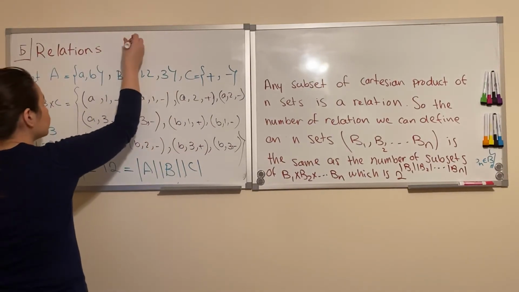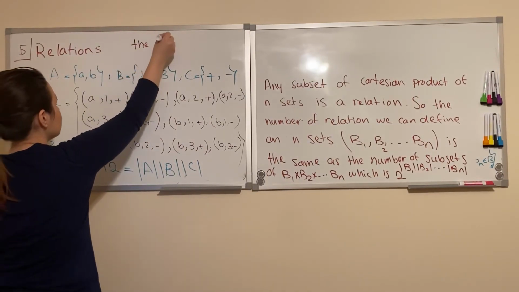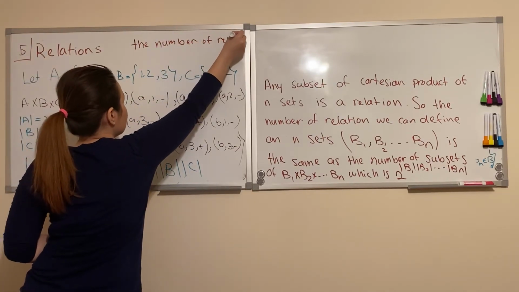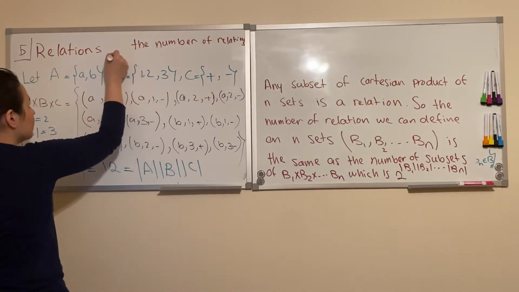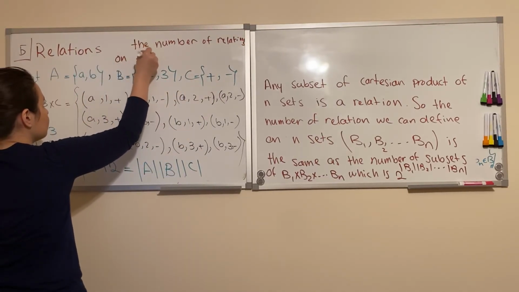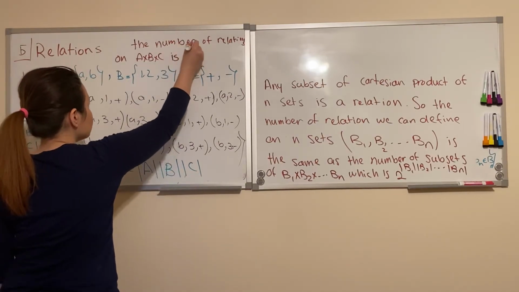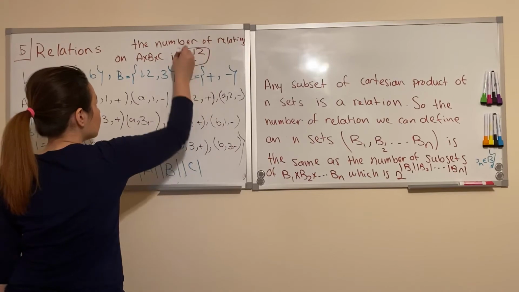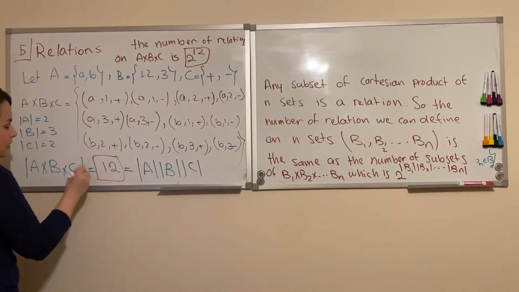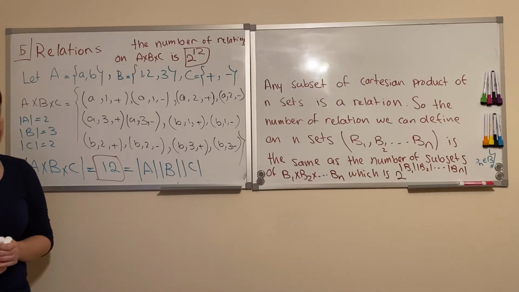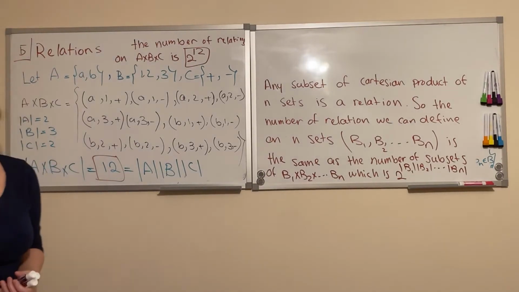Here, the number of relations in this example on A, B, C, the A cross B cross C, is 2 to the power of 12. The reason is that the number of elements of A cross B cross C is 12. So I can have 2 to the power of 12 relations.